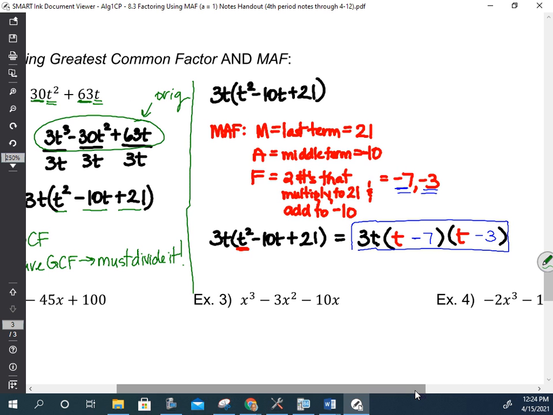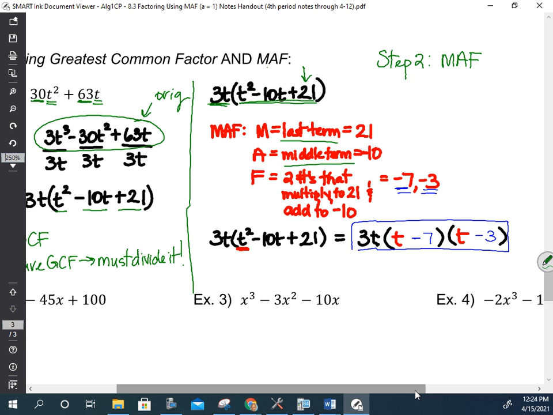All right, step 2. Step 2 is the MAF step. So 3T, you don't need to touch anymore. It's done. Now we're just worried about the parentheses. Last term is 21.